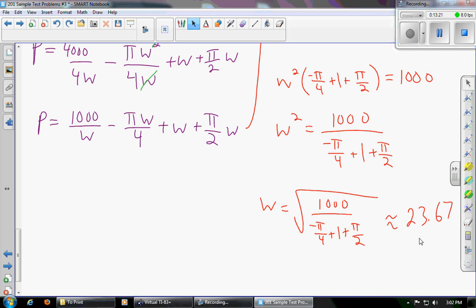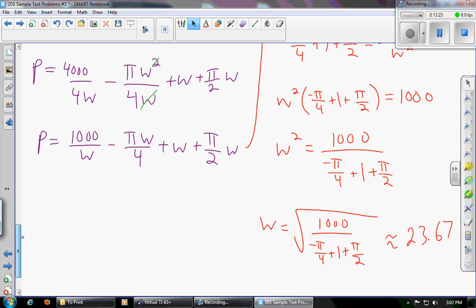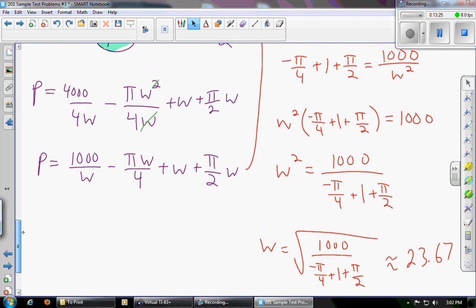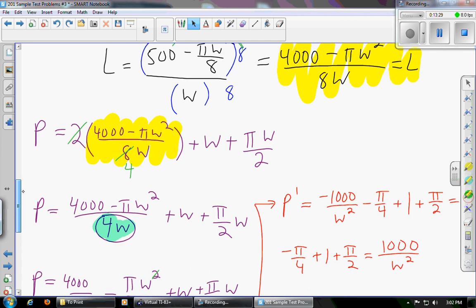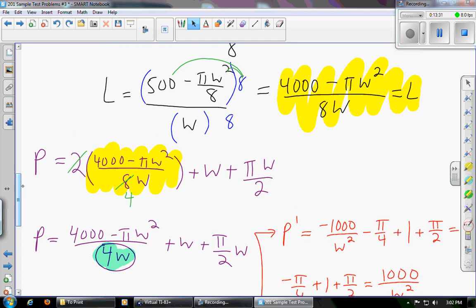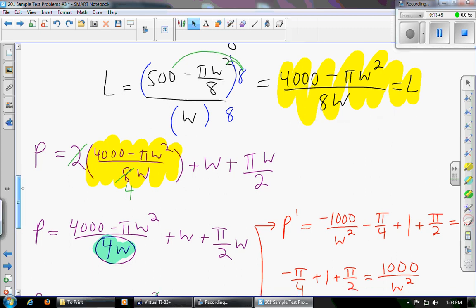And then in order to find the length of the rectangle, that's the width, all we have to do is plug the 23.67 somewhere. And the best place to go is the equation that says L equals. So in the top right, this yellow highlighted thing, that's what we're going to use. So I'm going to plug in, instead of W in that equation right there, we're just going to plug in 23.67 for the W. So let's do that down below.